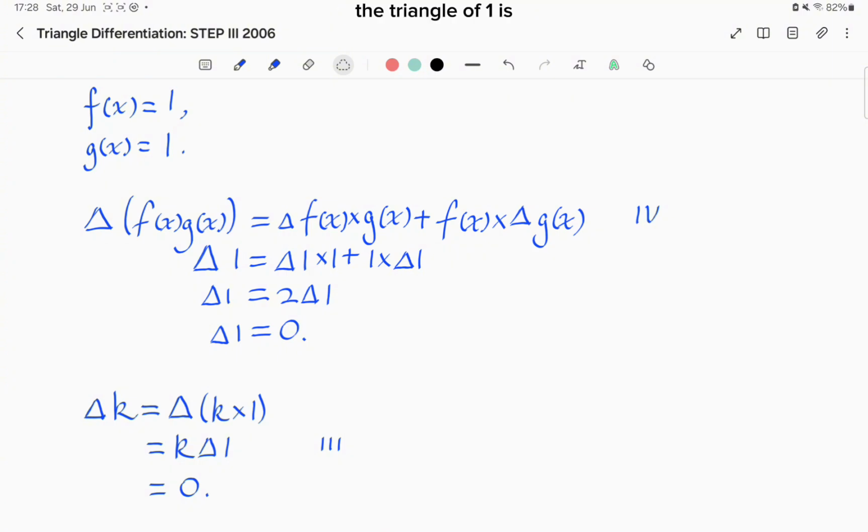The triangle of 1 is therefore equal to 2 times the triangle of 1, and so the triangle of 1 is equal to 0. We can then use rule 3 to say that the triangle of k is equal to k times the triangle of 1, which is still 0.